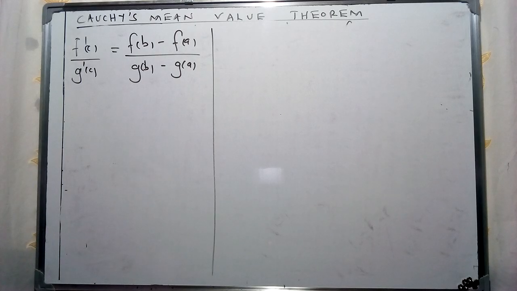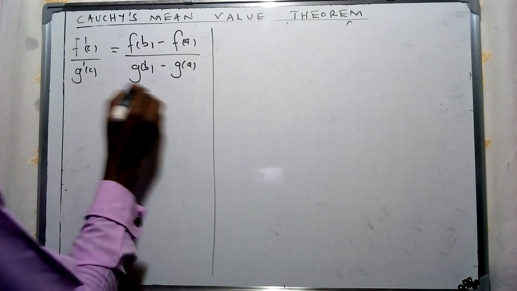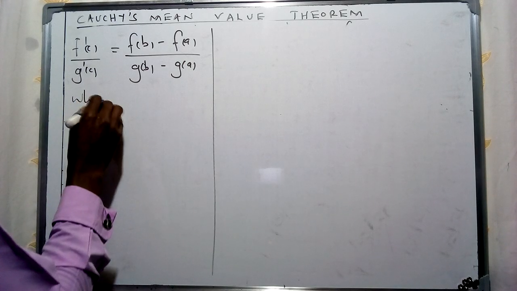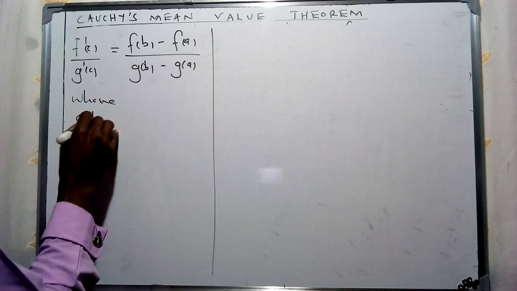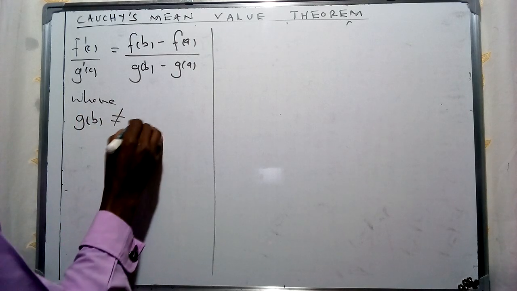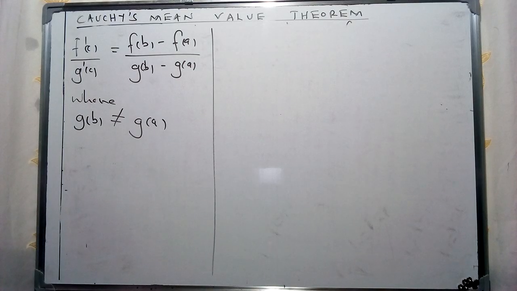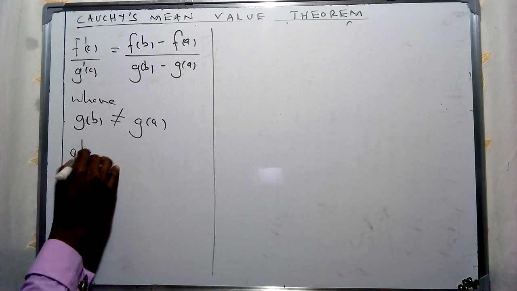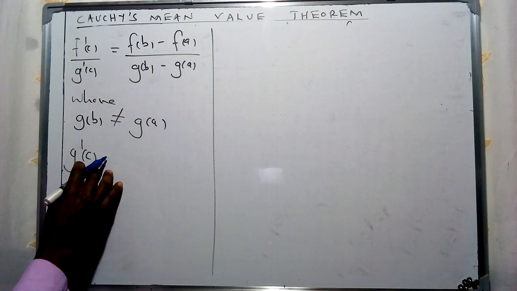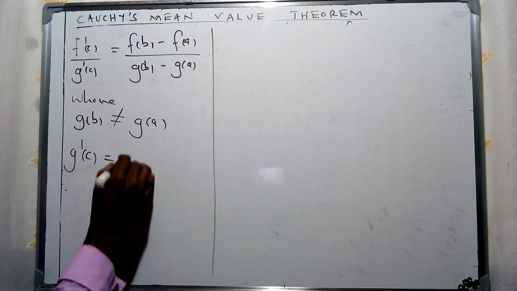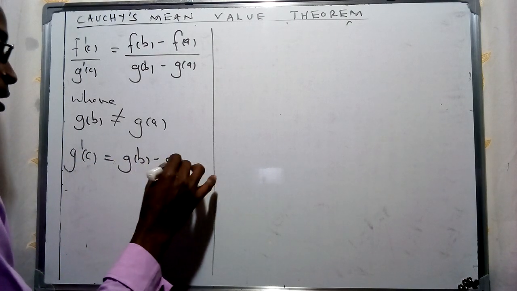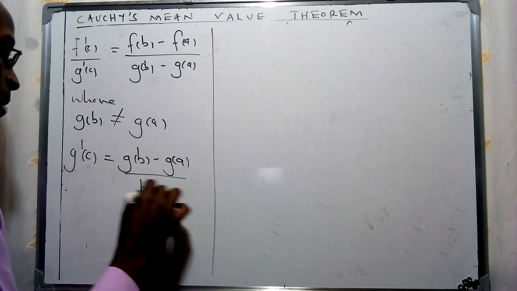So in this particular case, we're going to consider the case for the function where g of b is not equivalent to g of a. Suppose we have g of b equivalent to g of a, then that's going to give us an implication that g prime of c is equivalent to g of b minus g of a all over b minus a.